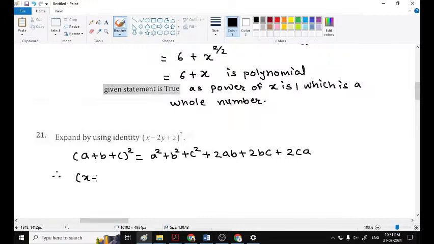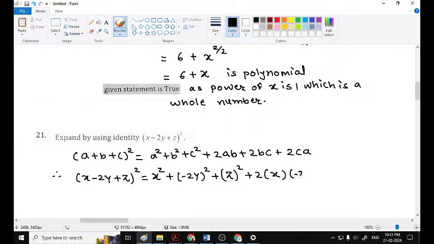Therefore, (x minus 2y plus z) whole square is x square plus (minus 2y) square plus z square plus 2 into a is x, b is minus 2y, 2bc.